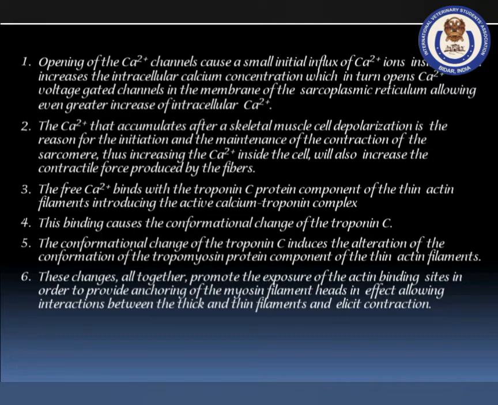This binding causes conformational changes of the troponin C. The conformational change of the troponin C induces the alteration of the conformation of the tropomyosin protein component of the thin actin filament. These changes altogether promote the exposure of the actin binding site in order to provide anchoring of the myosin filament heads, allowing interaction between the thick and thin filaments and eliciting contraction.